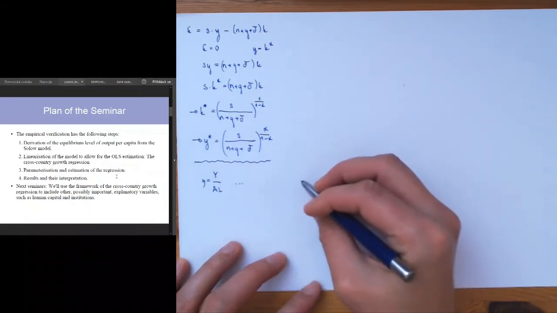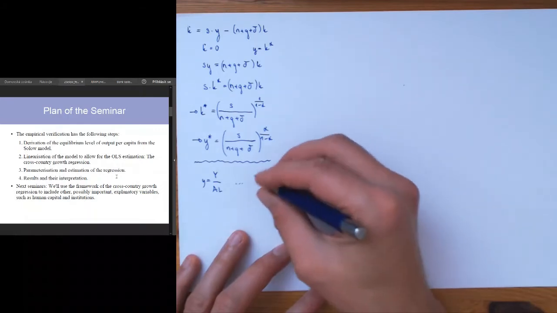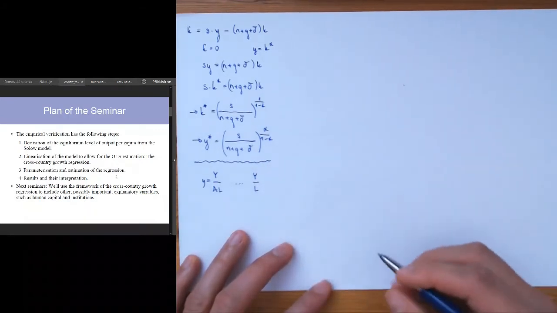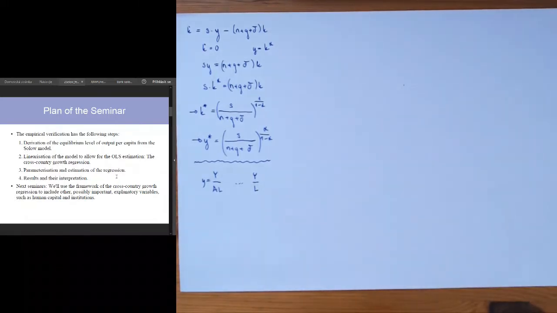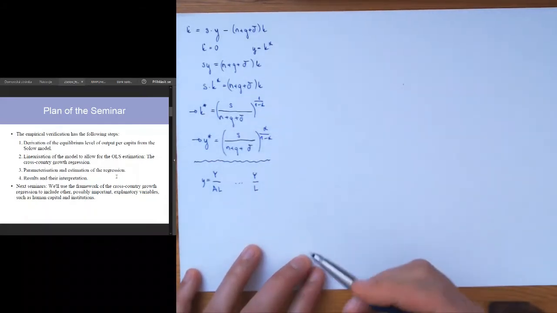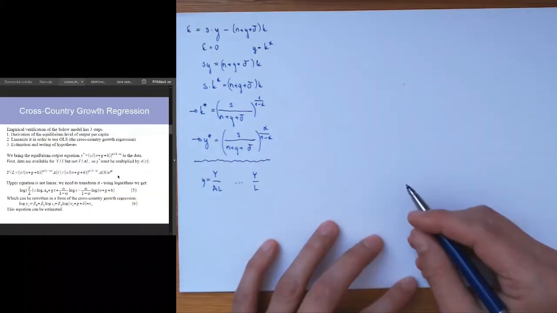However, in data on economic growth, for example, in the Penn World Table, we have values for Y over L, which is basically the output per capita, and then we'll try to linearize this expression so that we can take this equation to the OLS estimation.